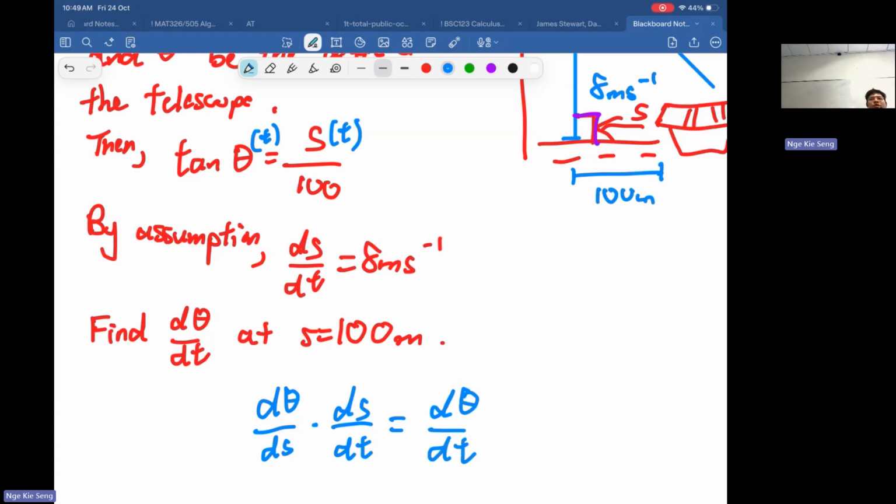What is this rule? I think we repeated this rule a lot of times this morning. Chain rule. Okay, we just use chain rule here.